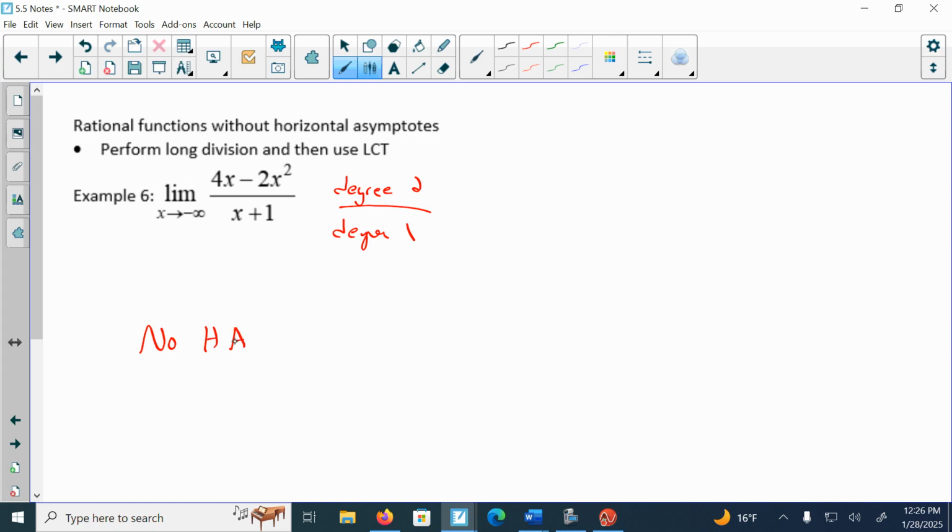But because this is exactly 1 more than this, I have a slant asymptote. And we've done this before. So in order to find the equation of the slant asymptote, I take 4x minus 2x squared. Actually, I want to rewrite that as negative 2x squared plus 4x. I like having my highest powers in front. And I'm going to divide it by x plus 1.